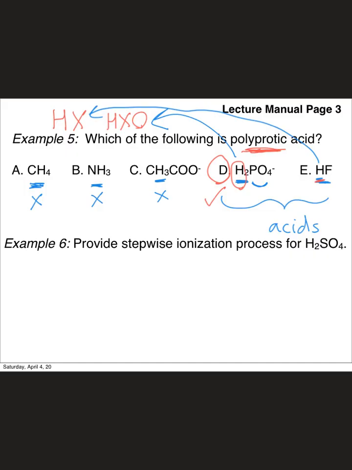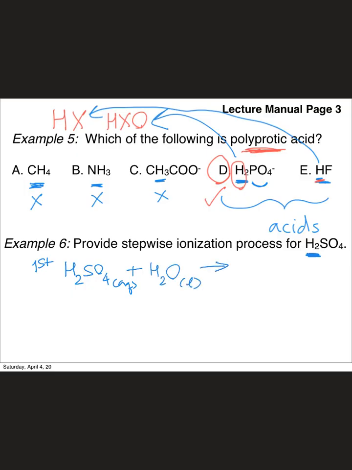Next, take a look at example 6. Provide the stepwise ionization process of sulfuric acid. There are 2 hydrogens that this acid can donate, so there should be 2 stepwise ionization processes for this acid. So let's start with the first stepwise ionization process. You want to start with sulfuric acid, which is in aqueous solution, reacting with water.